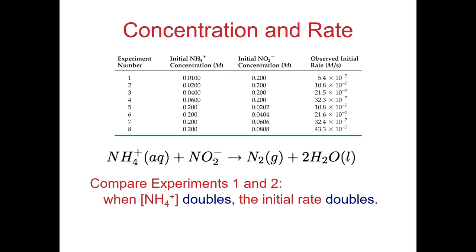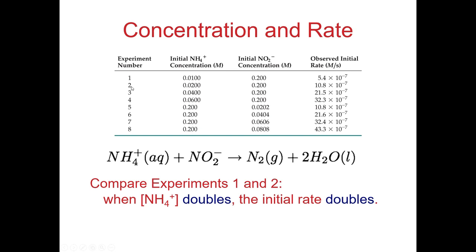So if I want to find reaction orders for each of these reactants, I need to isolate them from the other. So for NH4 plus, I need to see what happens when NH4 plus changes concentration, but I need to hold NO2 minus constant so that it doesn't interfere.